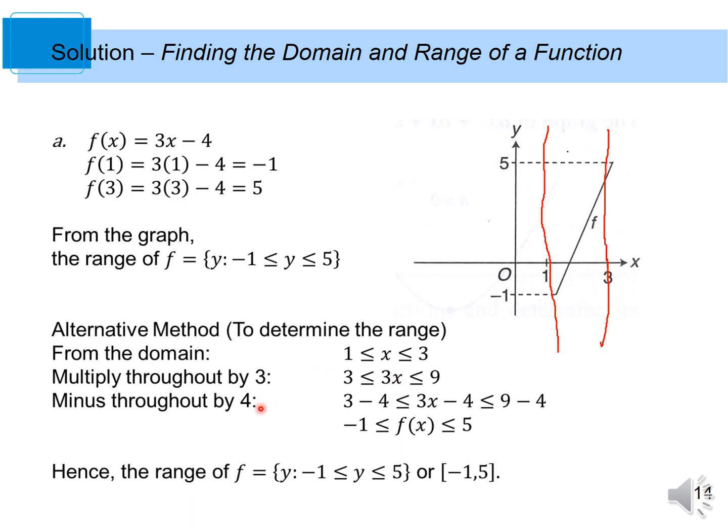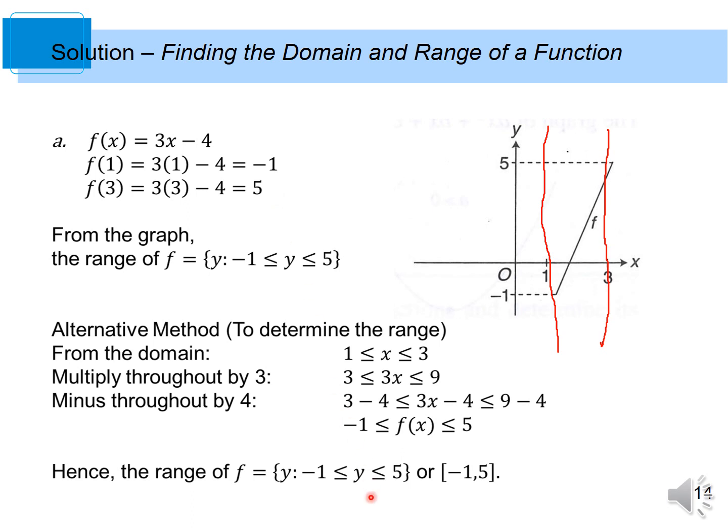Then after that, you minus 4. So lastly, you obtain 3x minus 4, which is our f(x). The range is the output, the f(x) output. So you can conclude your answer: the range is from -1 to 5. You can see the answer is the same as using the other way.